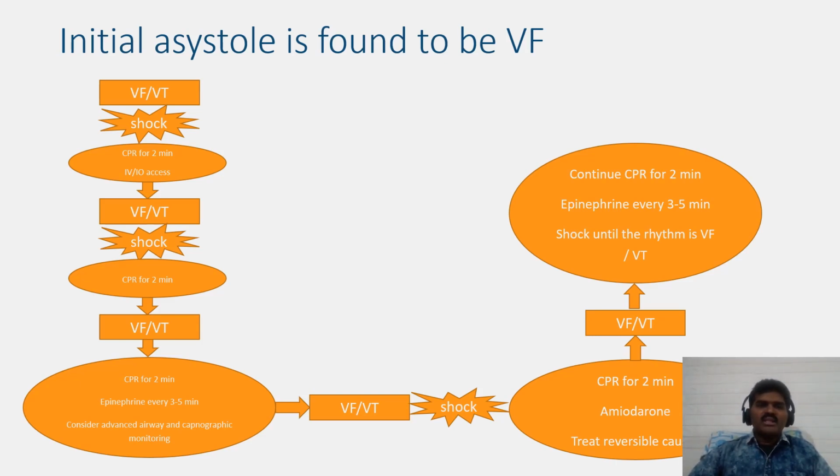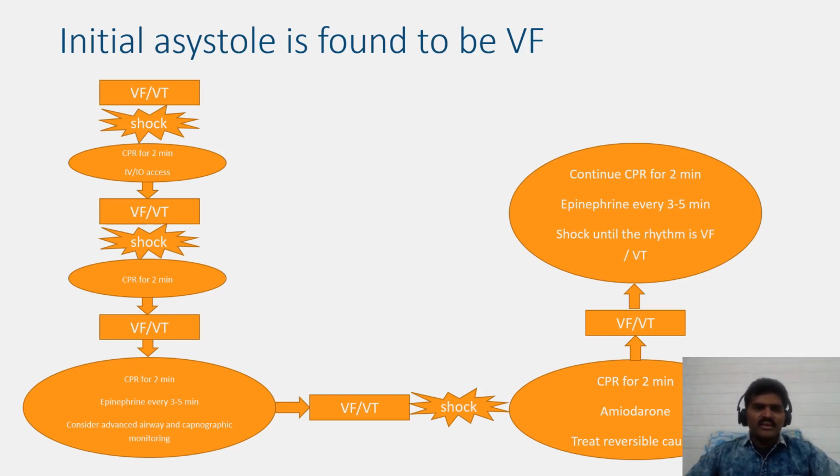At the end of 2 minutes, you pause, check the pulse, analyze the rhythm, and you switch roles. You are seeing VF or VT now. Prepare for shock. Continue CPR for 2 minutes. So you have completed 2 cycles of CPR and given 2 shocks.